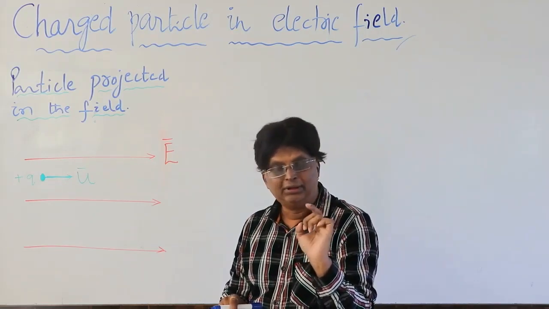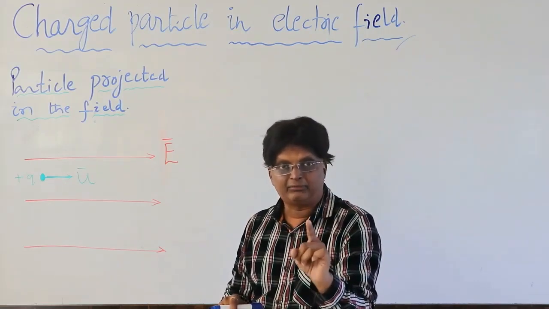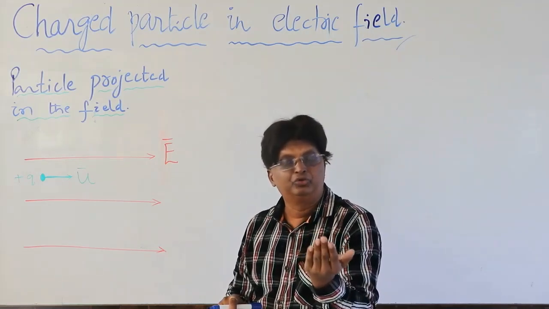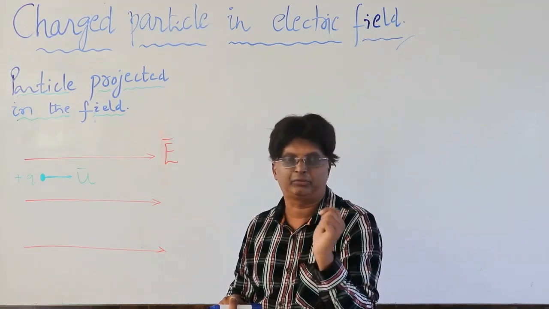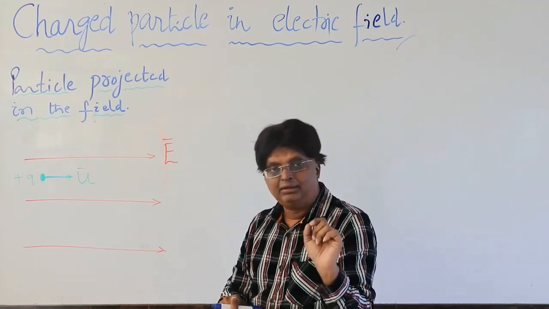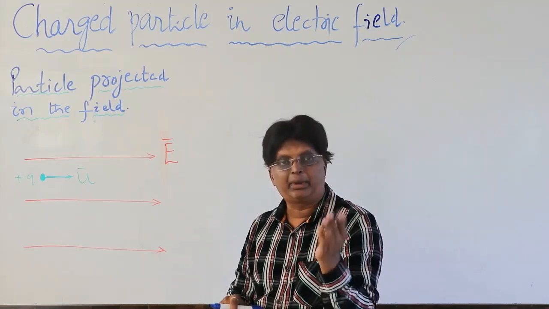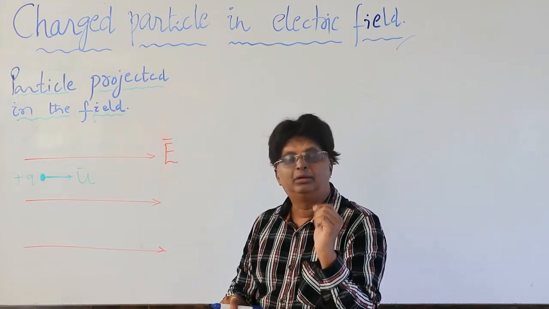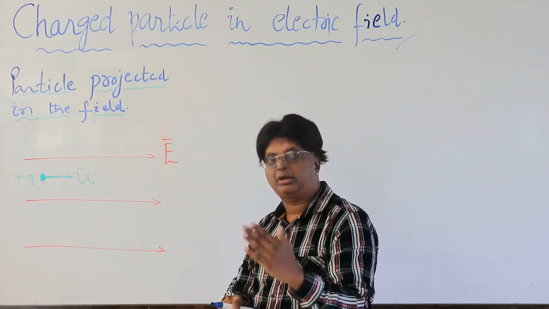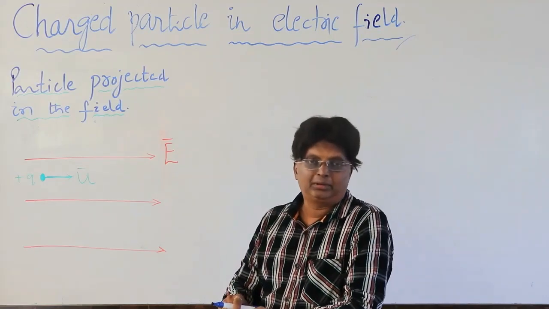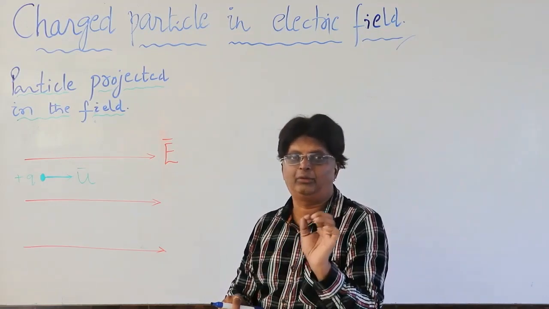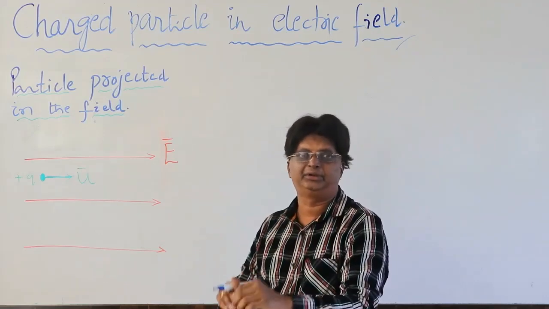Earlier we told electric field E bar vector, and then the initial velocity vector U bar, such that there are two cases possible: E bar parallel to U bar, or U bar opposite to E bar. In all such cases, now you see how I am making the things simple vectors.